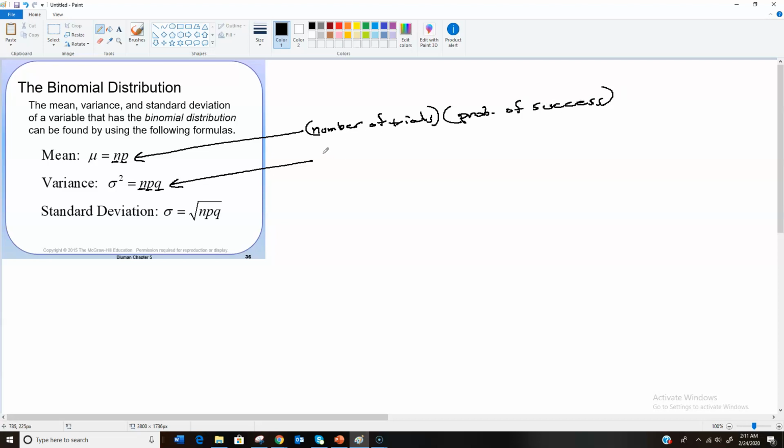And then here you're going to do the number of trials times the probability of success, and then you're going to multiply that times the probability of failure, and these two together have to total 1 if you add them up. And then to get the standard deviation, you just do the square root. So let's give that a shot, and then we will be done with Chapter 5.